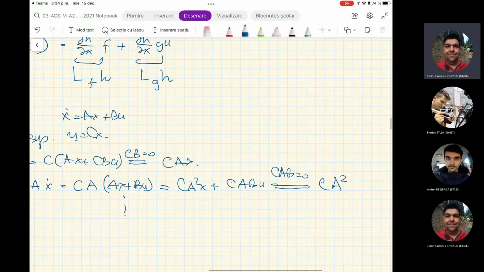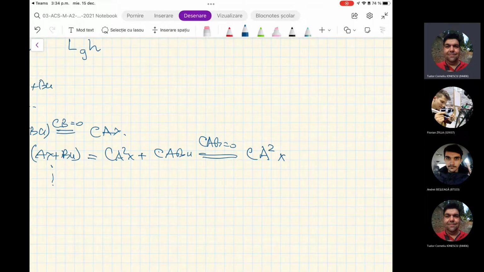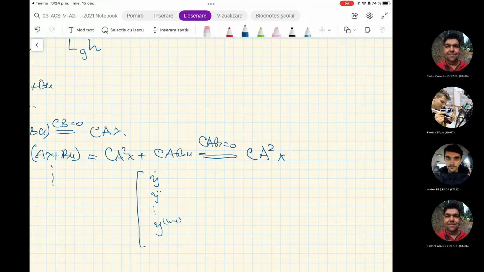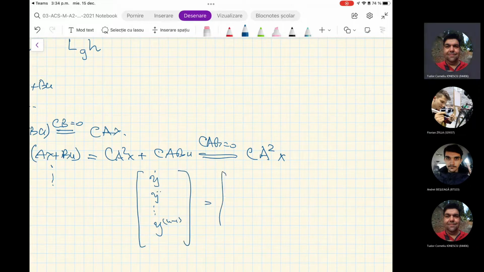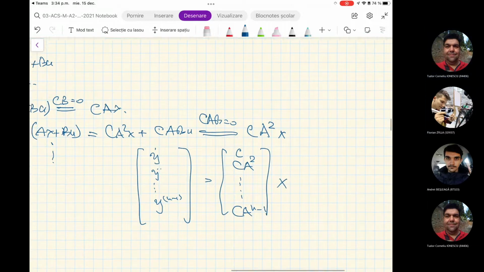Essentially, you get y dot, y double dot, up to y^(n-1) equal to C, CA, CA squared, up to CA^(n-1), times x.